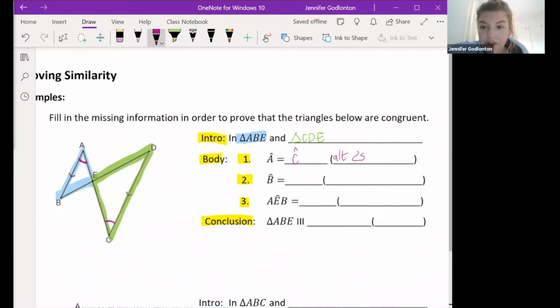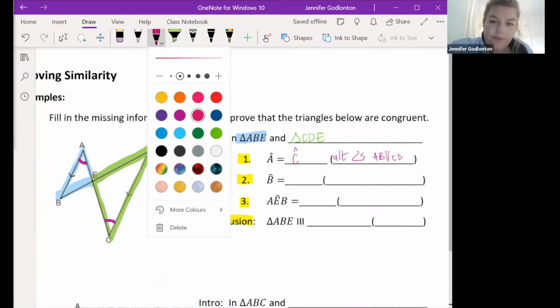This is why our geometry comes to help us. We're going to say angle A is equal to angle C because of alt angles when AB is parallel to CD. So those two angles are equal to each other. All right, that's step one.